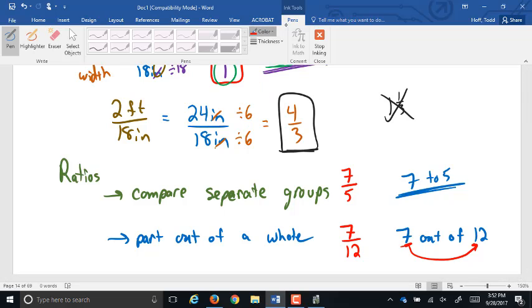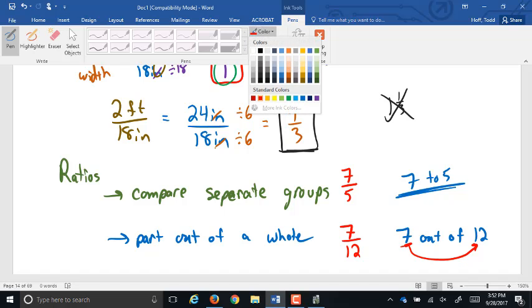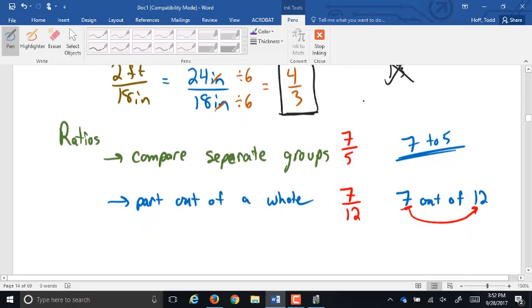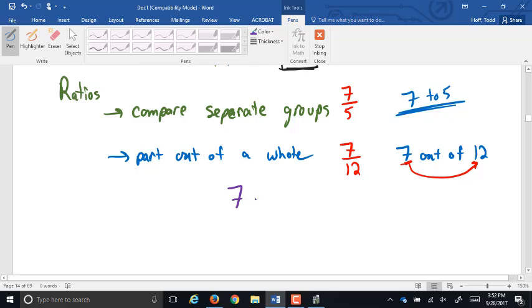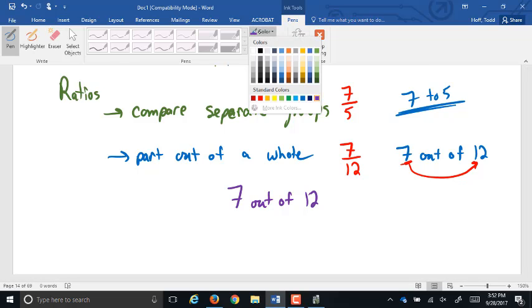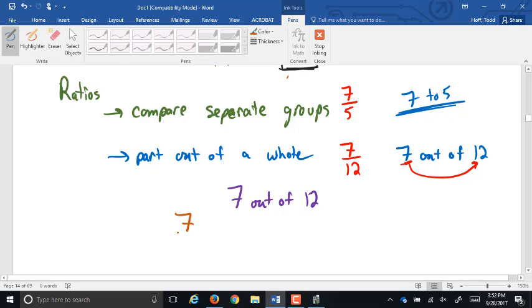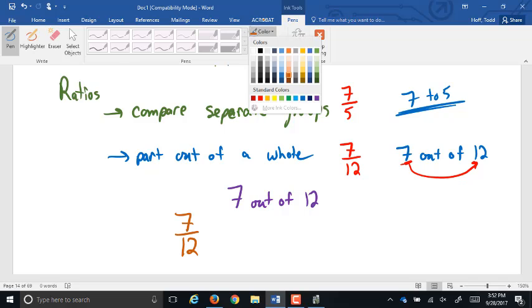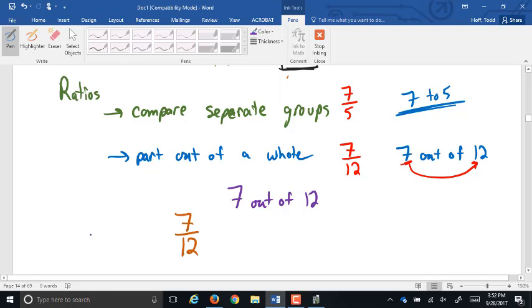Which will bring us to some interesting things we can do with those, by the way. If it's a 7 out of 12, well then of course there's other ratios that are implied there. You got the 7 out of 12 ratio or 7 to 12 ratio. That is the New Richmond to total ratio.